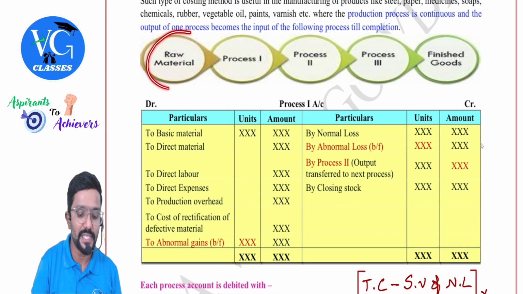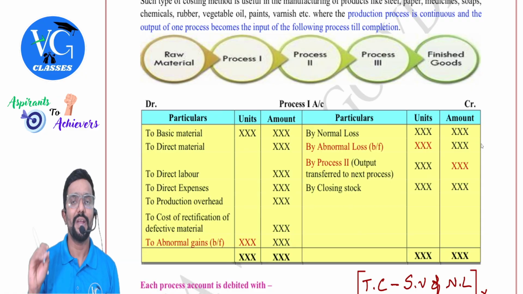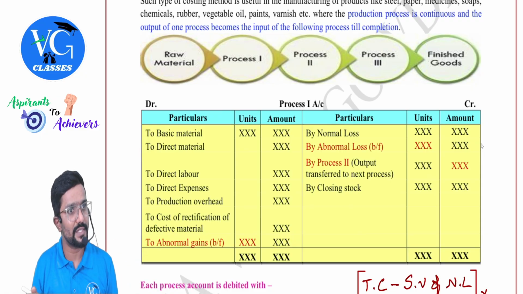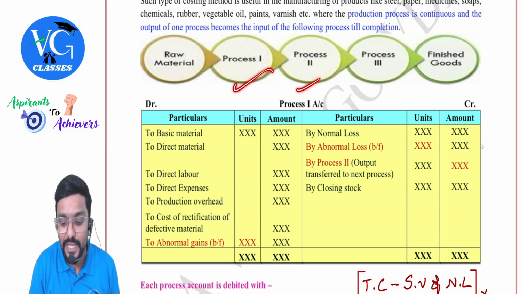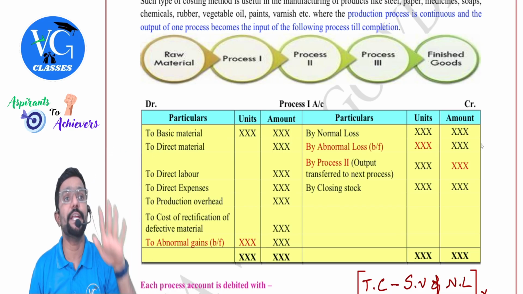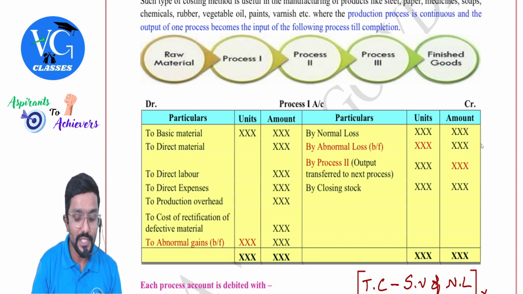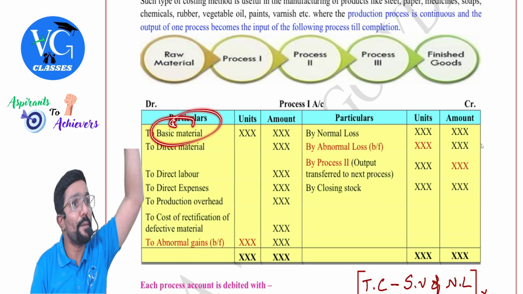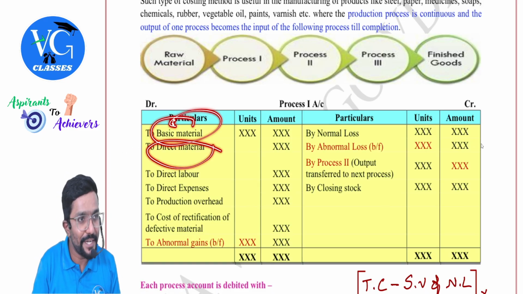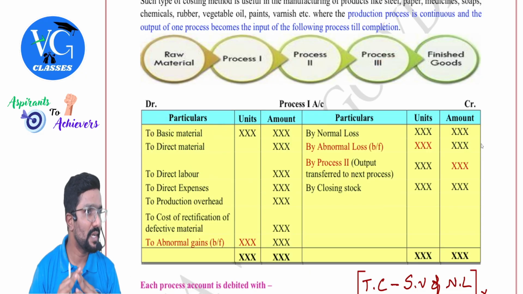Basic is the raw material from which we started manufacturing, whereas direct material, in case of process costing, is the material used by the respective processes for the work assigned to them. This is also direct material, but for the company as a whole, whereas this is the direct material for the respective processes. Clear?